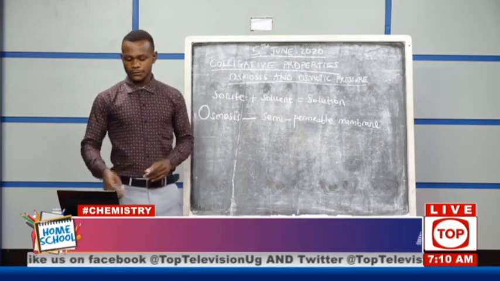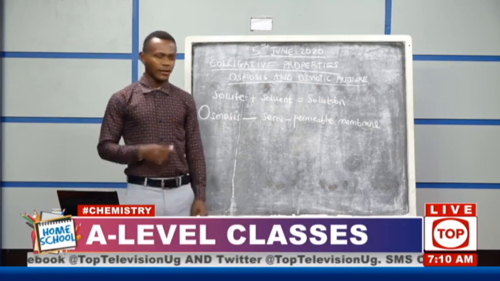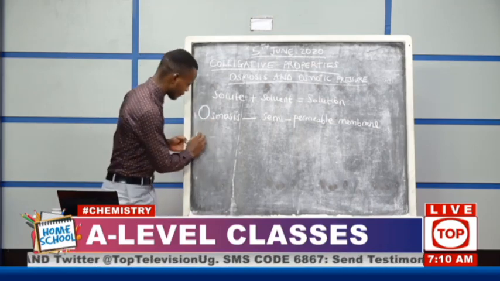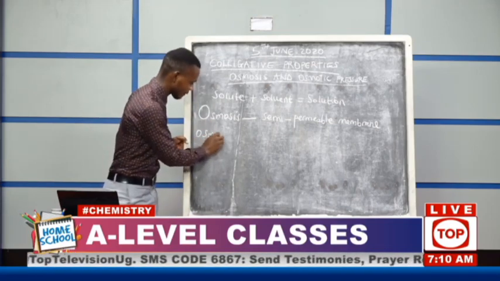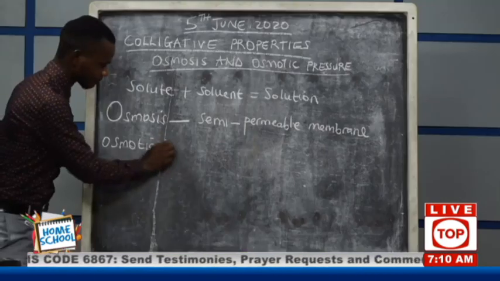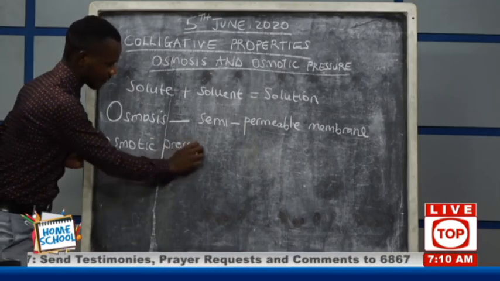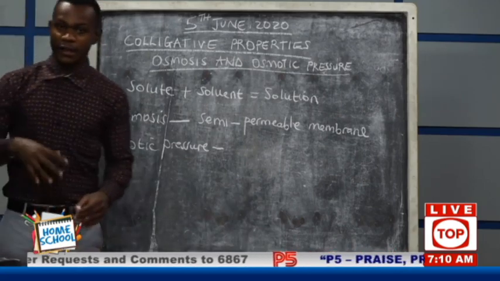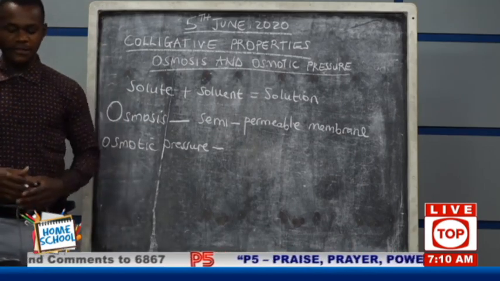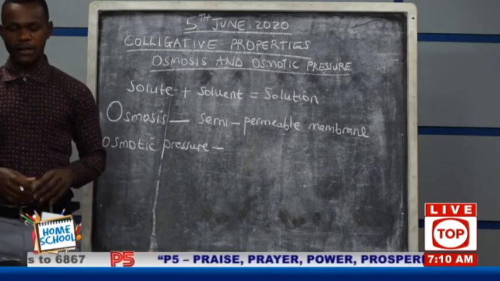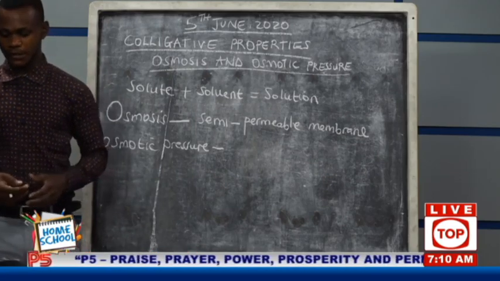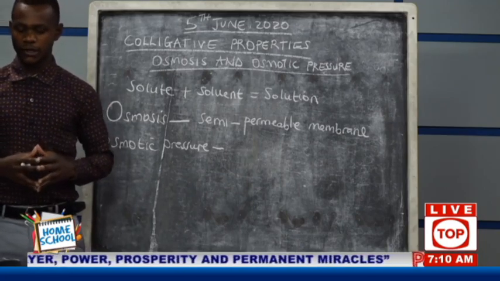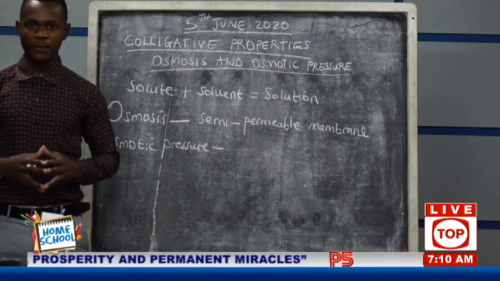Okay, so we can also look at osmotic pressure. This is osmosis. Now let us look at osmotic pressure. What is it? Back to our slide. It is the mechanical pressure which must be applied on a solution to prevent passage of solvent molecules into the solution through a semi-permeable membrane.